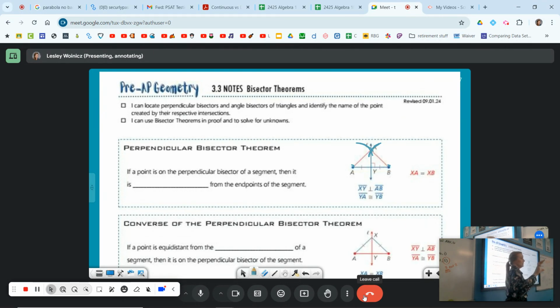Equal what? Yeah, it's equidistant. If you did it with a real compass, you'd get that that length is the same on both sides. I know that this length has to be equal to that length. Okay, equidistant.